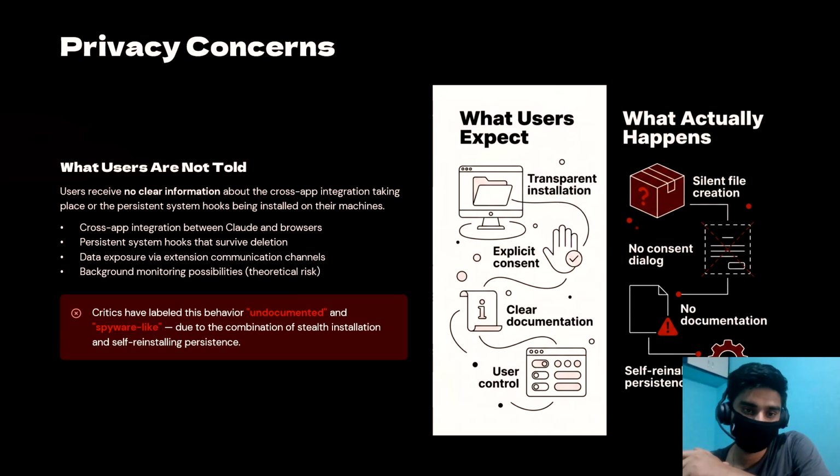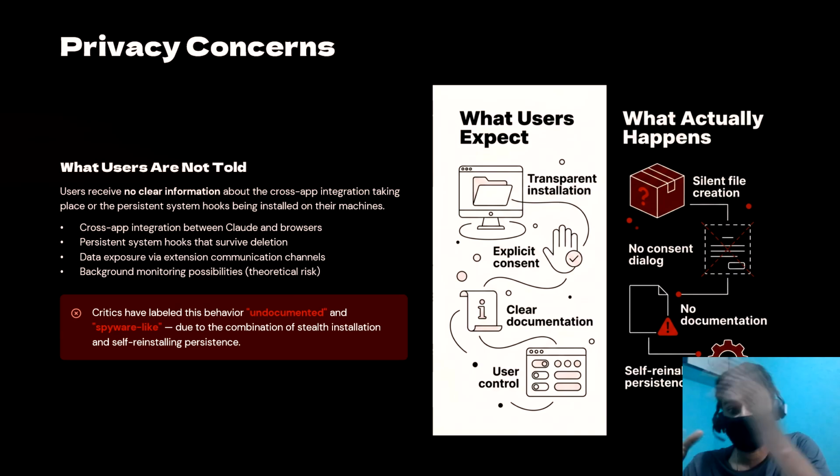So, privacy concerns. What are users not being told about what actually happened? Silent file creation, no consent, no documentation, self-persistence. What did users expect? Transparent installation, explicit consent, clear documentation, user control. But here the opposite happened: no consent at all, no documentation at all. Cross-app integration between Claude and the browser, persistent system hooks that survive deletion.